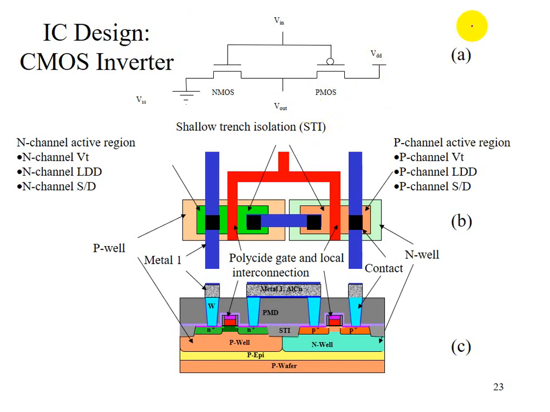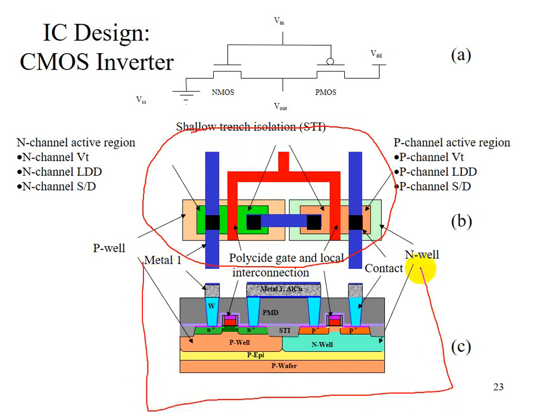Over here you can see the mask design, several mask designs. Different colors mean different masks. Using all these masks, you can come up with a transistor structure like this. This we call CMOS, complementary MOS.